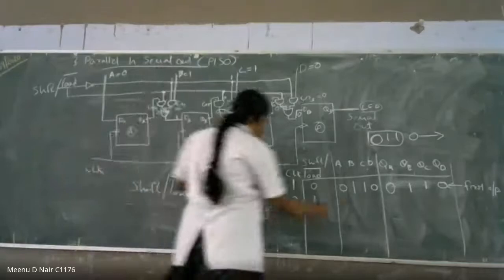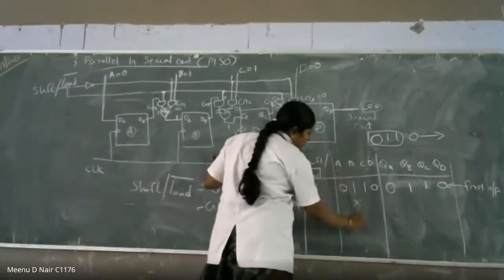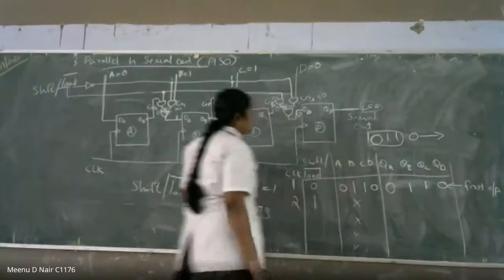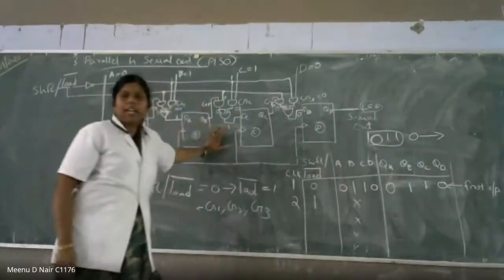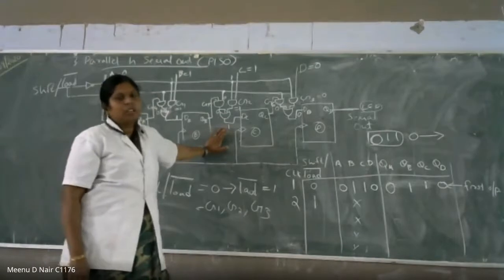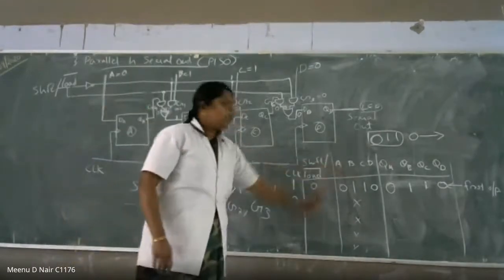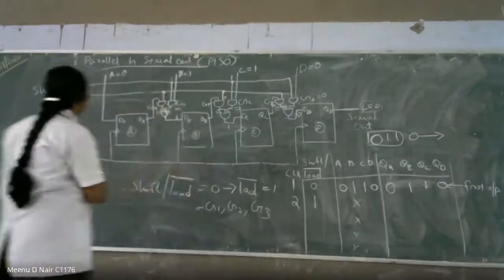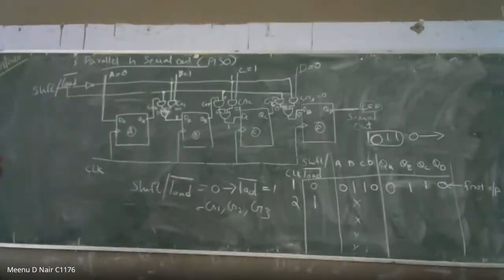The input can be anything now; it does not matter because the flip-flops were already loaded with your input. The only thing is you want to shift the data. How are you going to shift the data?